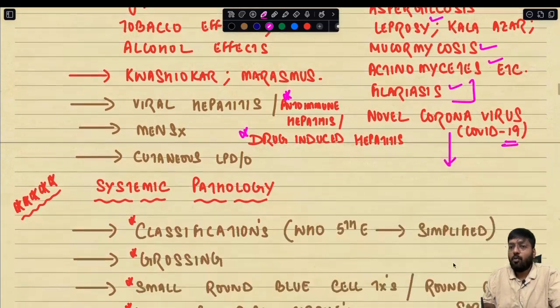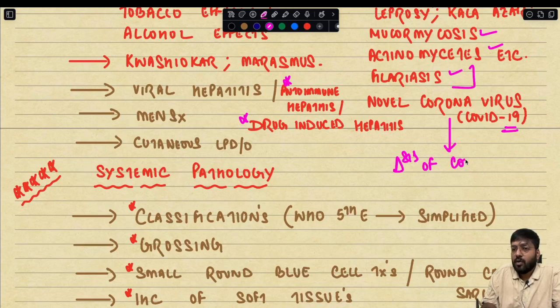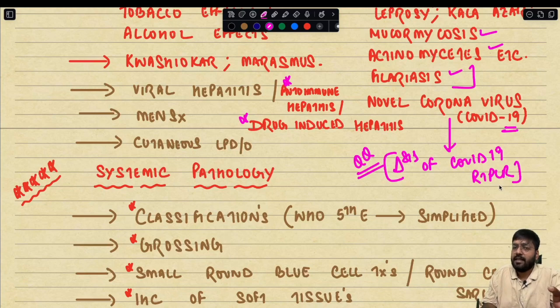Now I will tell you what questions are asked from COVID-19. Though COVID-19 is not a very important topic, the diagnosis of COVID-19 using RT-PCR is. I have shared a very beautiful article regarding the diagnosis of COVID-19 in the third year group, and I will share again shortly after this lecture.